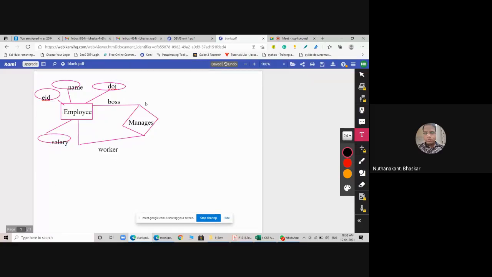Only one entity is associated with the same entity. The same employee entity will work as a boss sometimes and manage the worker. Sometimes that employee works as a worker and is managed by the boss. So this is a unary relationship, also called a recursive relationship.